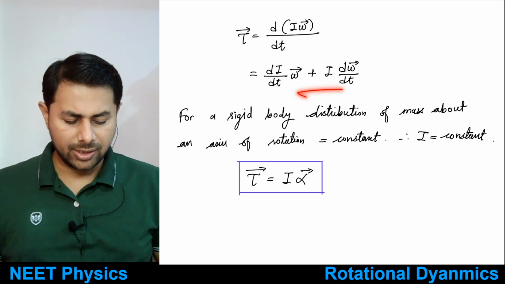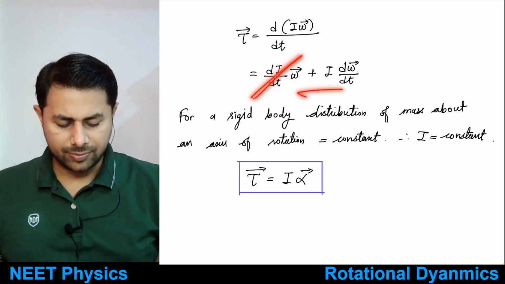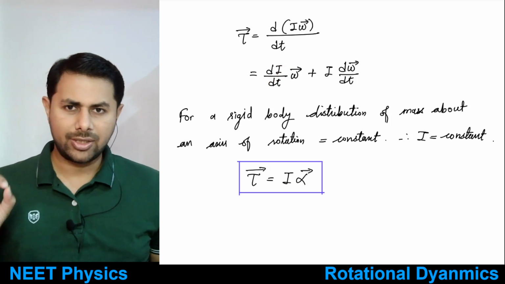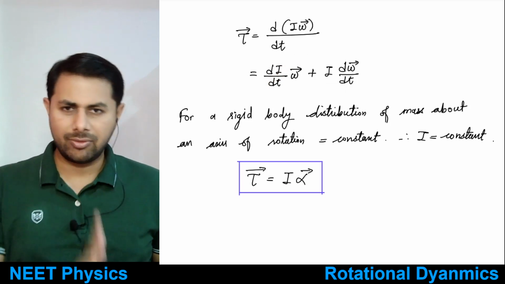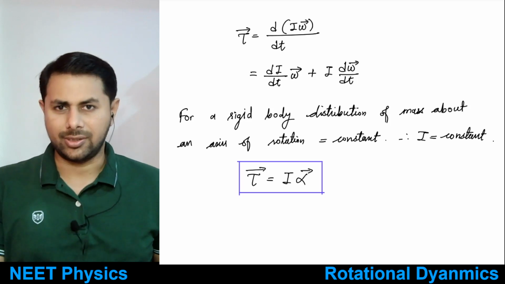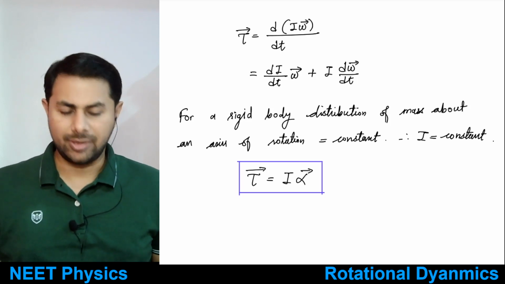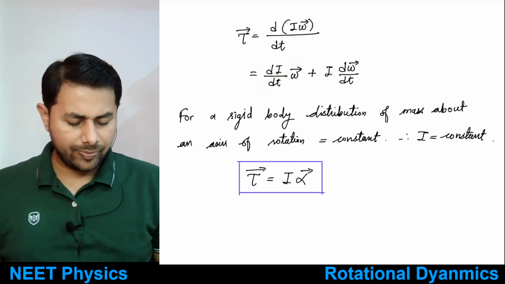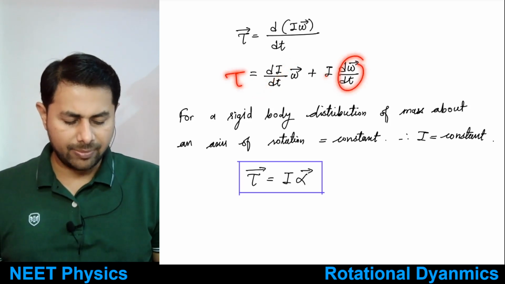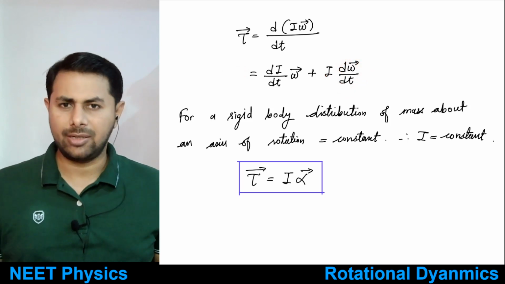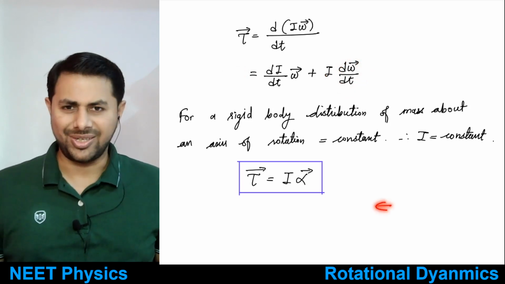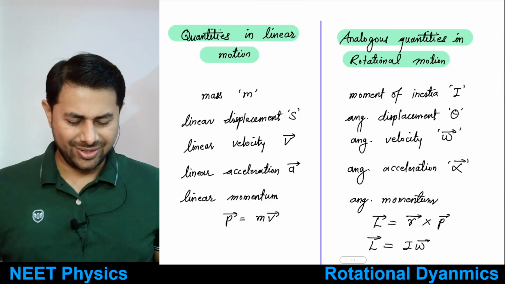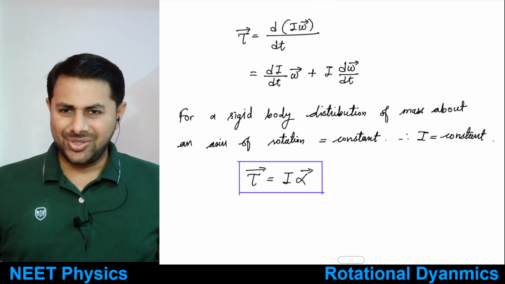For a rigid body, this dI by dt is equal to 0, because the moment of inertia of a rigid body for a given axis of rotation remains constant and does not change with time. Therefore tau is equal to I multiplied by d omega by dt, that is, I times alpha. This is the short summary. Even if you remember this much, that's fine. All right, this is clear, right?